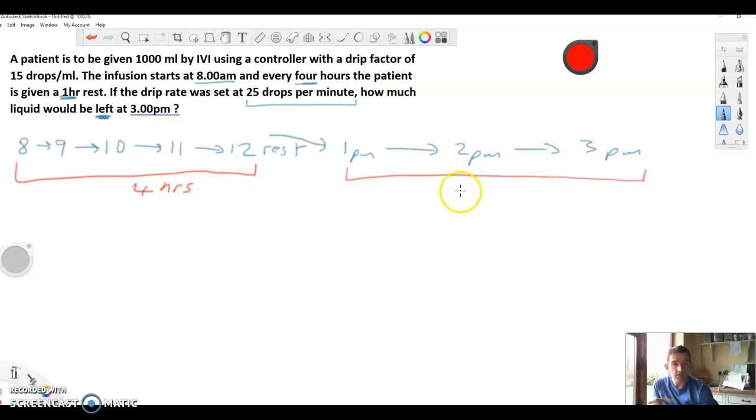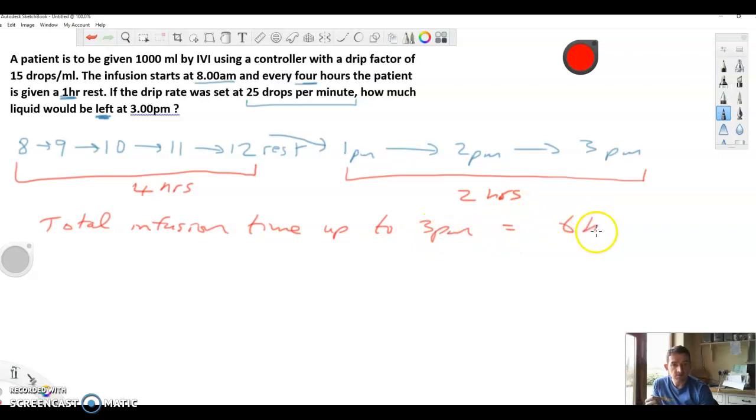That's a total of 2 hours. So total infusion time up to 3 PM equals 6 hours. So that's handy to know anyway.